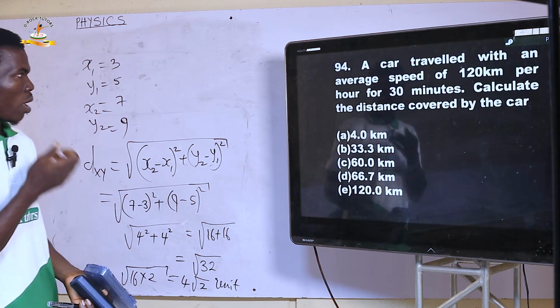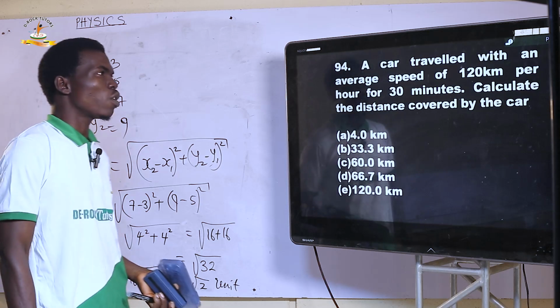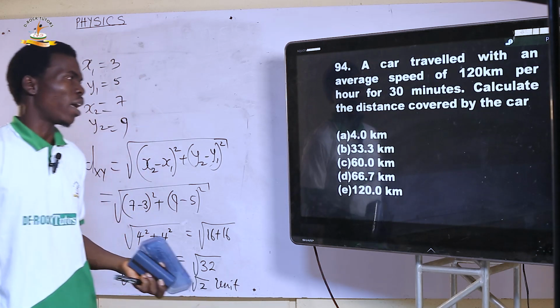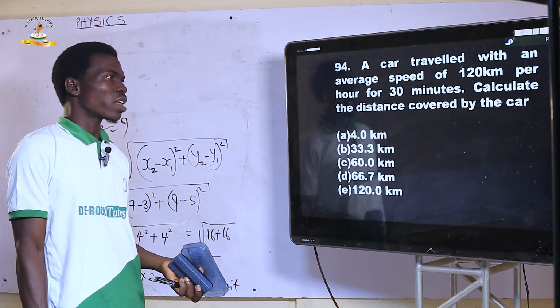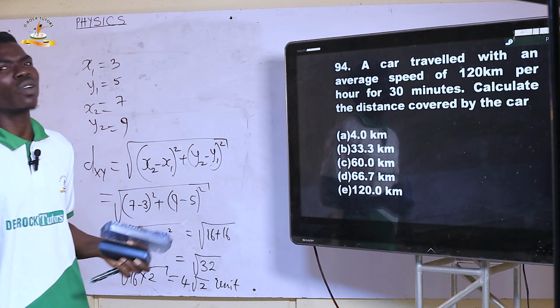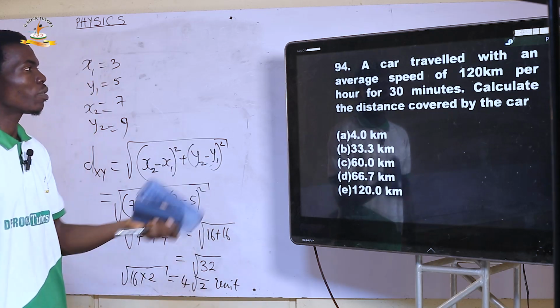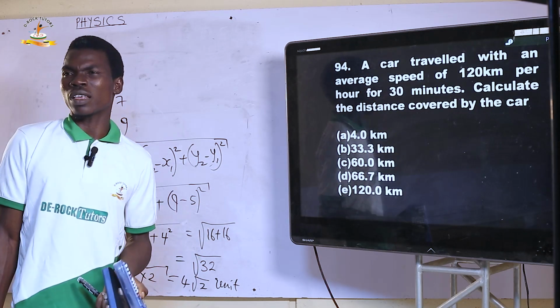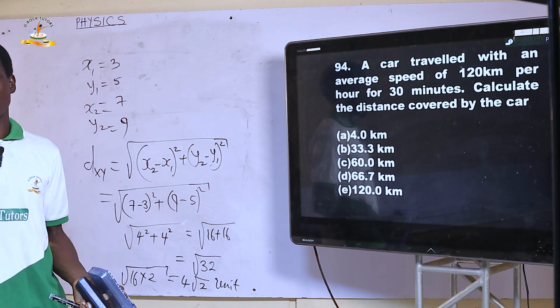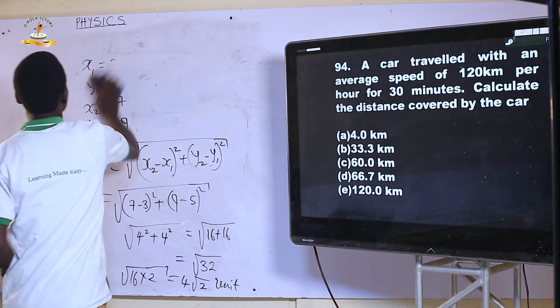Next, question 94. A car traveled with an average speed of 120 km/h for 30 minutes. Calculate the distance covered by the car. Now we first look at our options before we know how to approach this problem, because our options are all in kilometers. We don't need to convert to meters, so we just use the kilometer as our standard here.